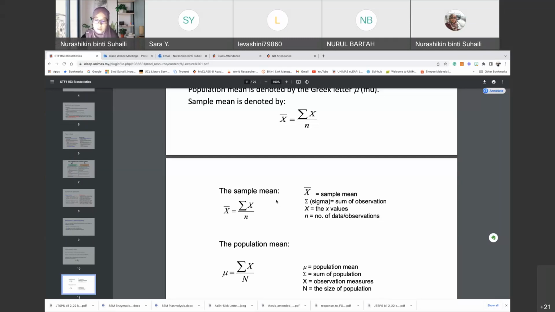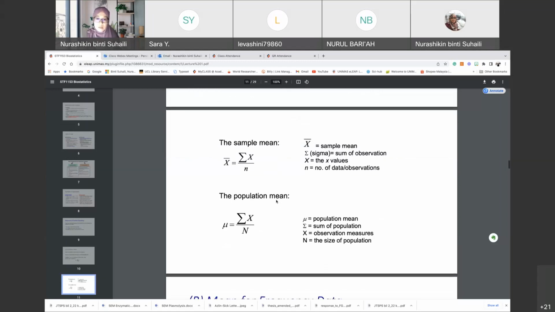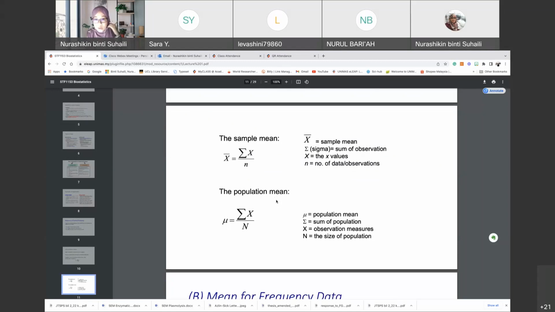But if we want to know the mean of a sample, maybe the samples here are states, like Sarawak, Sabah, Johor, each has its own mean value. Every sample has its own mean value, so it's different from the population mean. Of course, the sample mean will contribute to the population mean, but they are two different things.